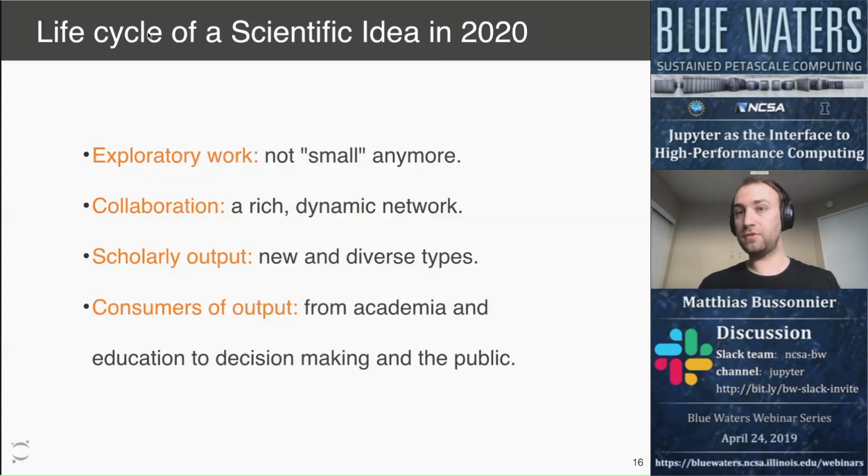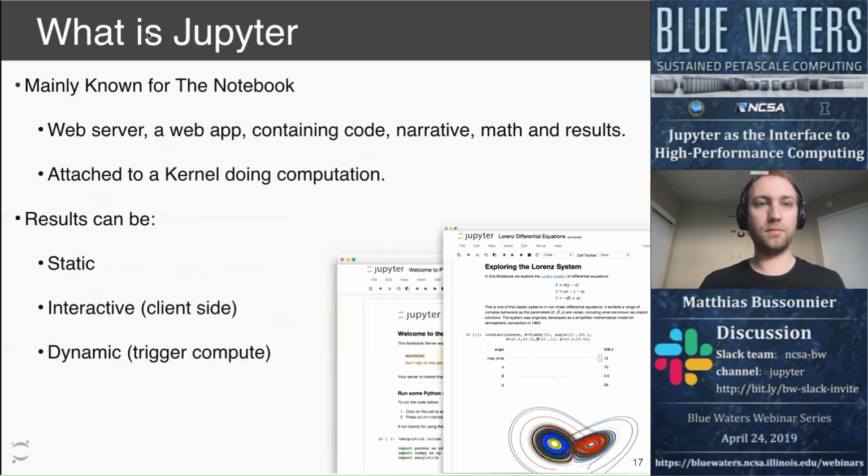So we've been trying to adapt Jupyter to fit some of those new goals, and that's one of the reasons we're embracing the web. One of the things I talked about is how Jupyter came to be. I didn't really describe what Jupyter was, and it has different meanings for different people.